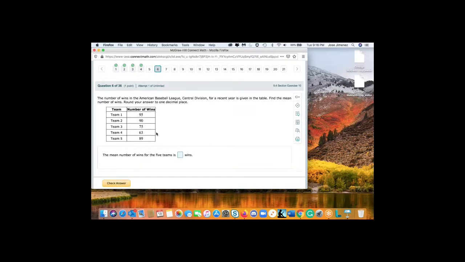Now for this one, the mean means the standard value, the average value. And what I mean is that I have to add all these numbers. Adding, right?